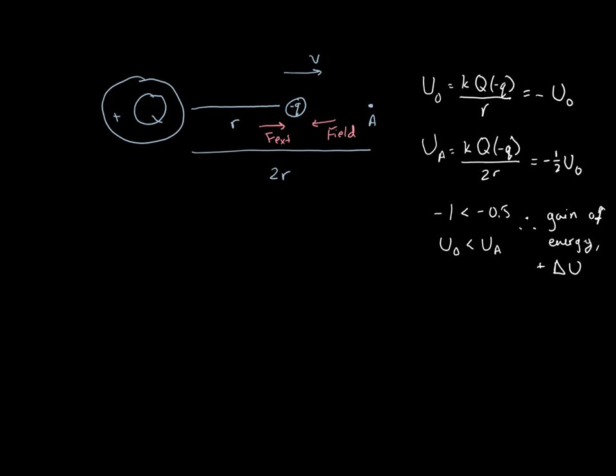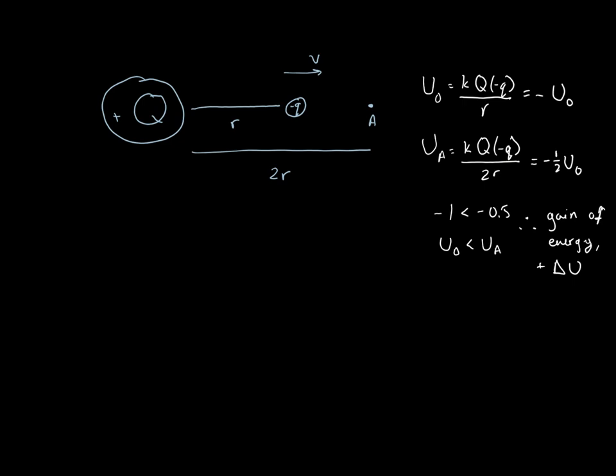So therefore, we can see that the external force is the one that wins out. So it does positive work because it's moving the charge over to the right, whereas the field does negative work. This leads to a positive delta U.